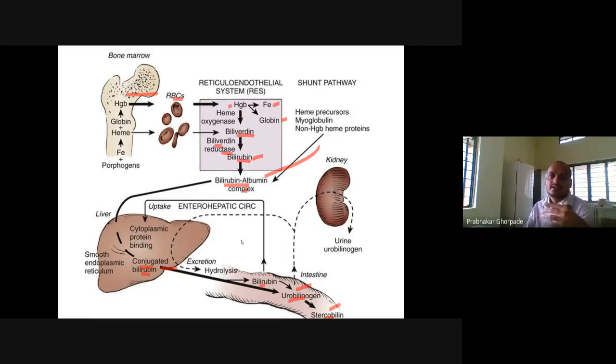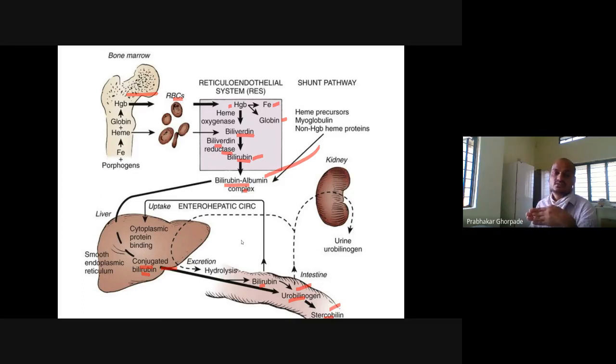Based on these different locations of origin, and whether it is direct or indirect bilirubin, meaning unconjugated or conjugated bilirubin, or both increased, we can determine the different origins.